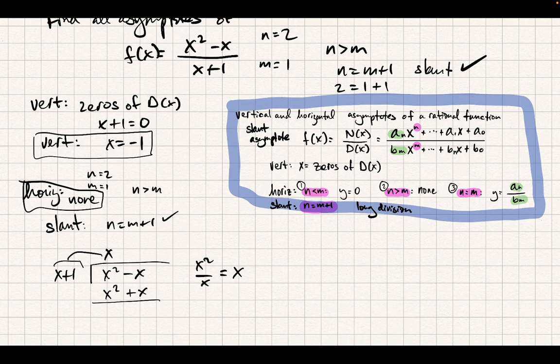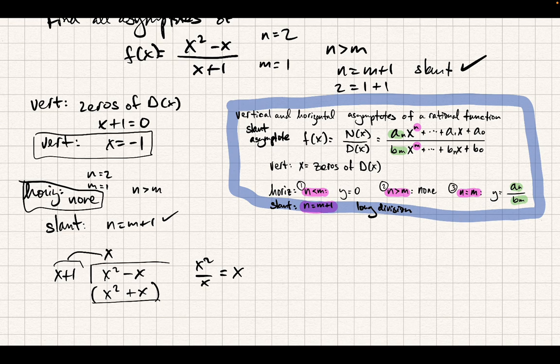If I do that, x squared minus x squared is 0, x minus x plus x is 0. Is that right? No. What did I do wrong? You need to distribute the negative to the x also.